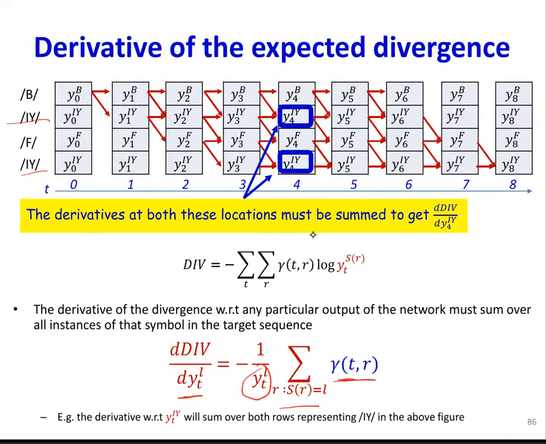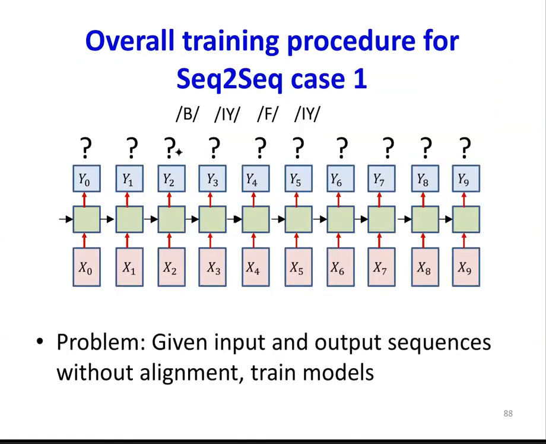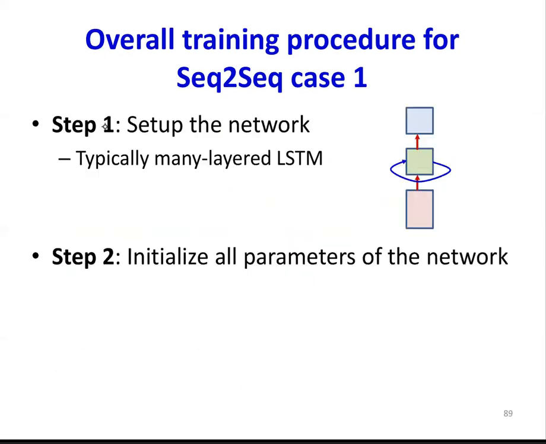Anyways, is this clear to everybody? Okay. Beautiful. And so here's the overall training procedure. Given input and output sequences without alignments, you set up a network, typically a many-layered LSTM, and you initialize all the parameters of the network, could be randomly.